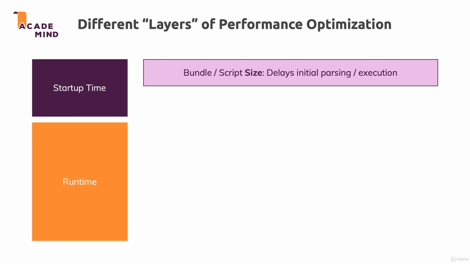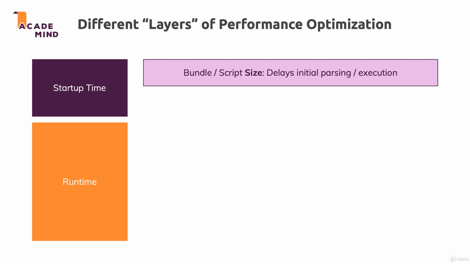Remember when I said a couple of minutes ago that we have two parts when we think about startup time? The time it takes to display something on the screen and the time it takes until the user is able to do something with that screen? Well, the script size can affect both. If your script renders a lot of visual parts on the screen, then of course it affects how quickly the user is able to see something on the screen.